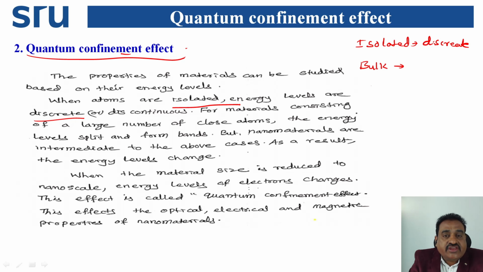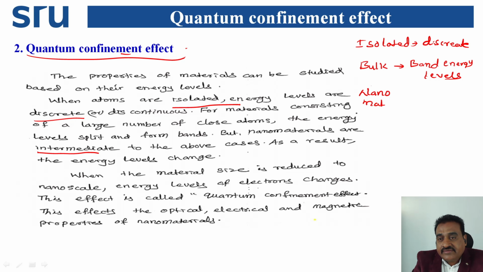For materials consisting of a large number of close atoms, the energy levels split and form bands. Here, for bulk material, these are having band type of energy levels. But nanomaterials are having intermediate energy levels.